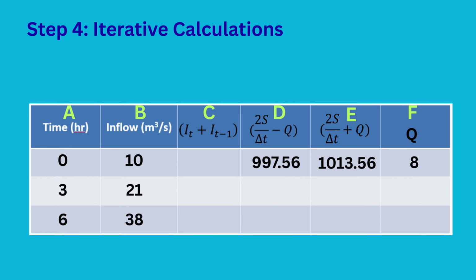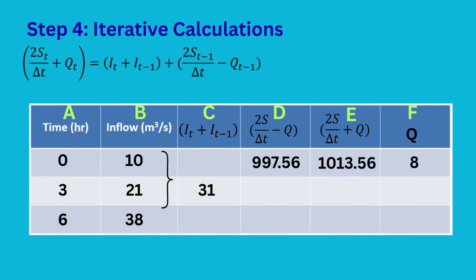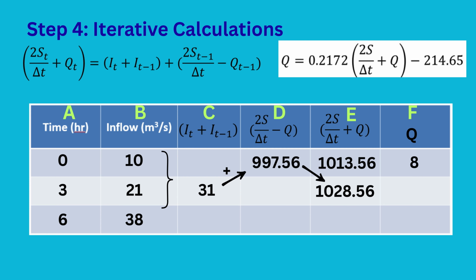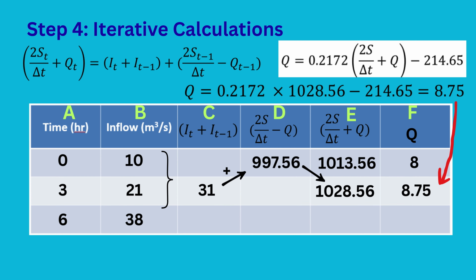In the last step, we start the iterative process. First, column C, the summation of inflow at current and previous time steps, 10 plus 21, which gives us 31 cubic meters per second. Then we use the continuity equation to sum the terms on the right hand side to obtain the unknown term on the left hand side. 31 plus 997.56 will give us 1028.56 cubic meters per second, which sits in column E. Now, we refer to the established relationship between 2S over delta T plus Q and Q to get the corresponding outflow value.